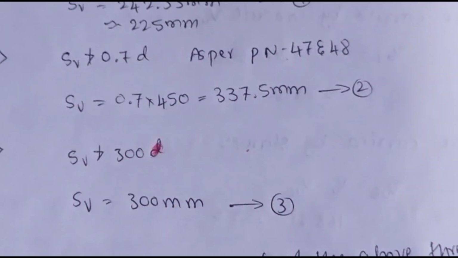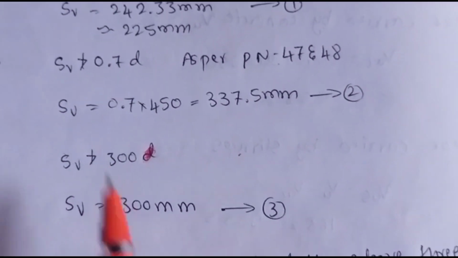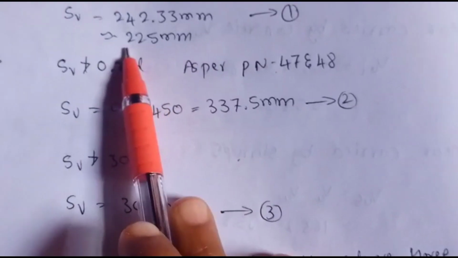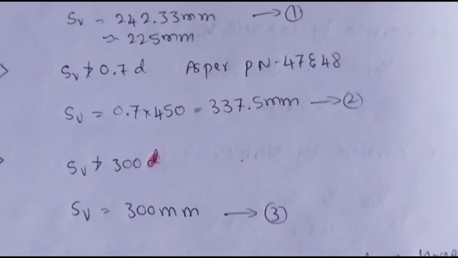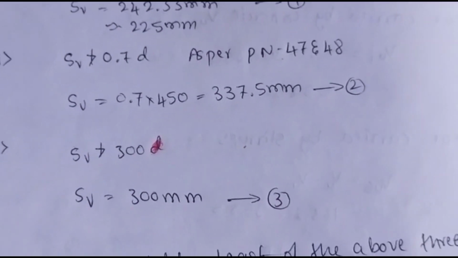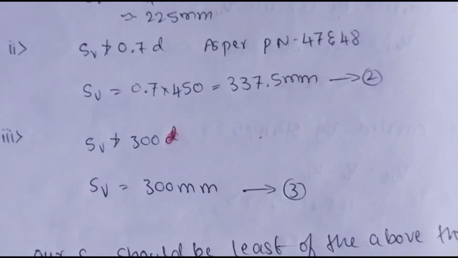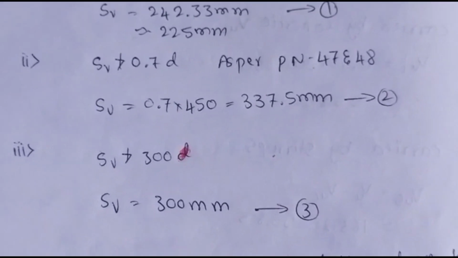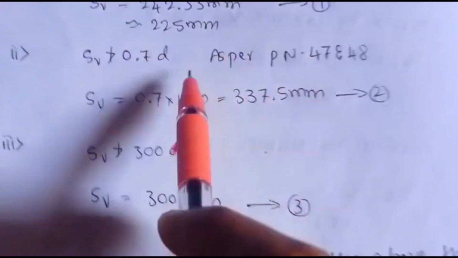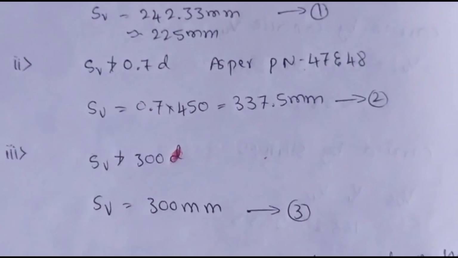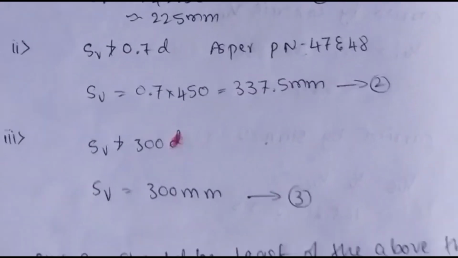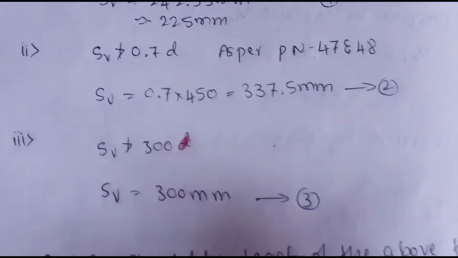So I am taking our Sv value as 225 mm. Whenever you are designing this, if you get a value less than 300 mm, such as 250, 150, 260, you can provide that value.